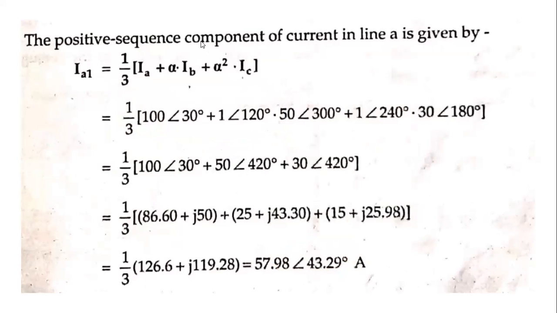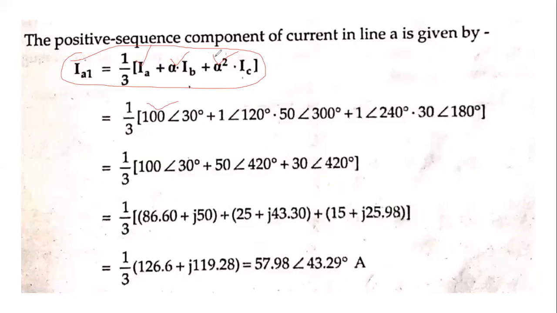IA1 is equal to 1 by 3 into IA plus alpha IB plus alpha square IC. In this case, IA is already known, that is 100 at an angle of 30 degrees.